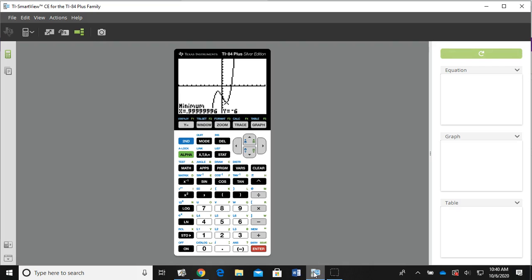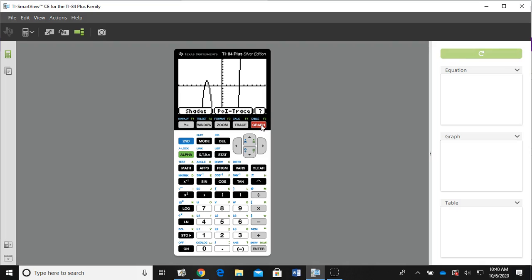There we go. All right, so y equals x to the third plus 3x squared minus 16x minus 48. Graph.